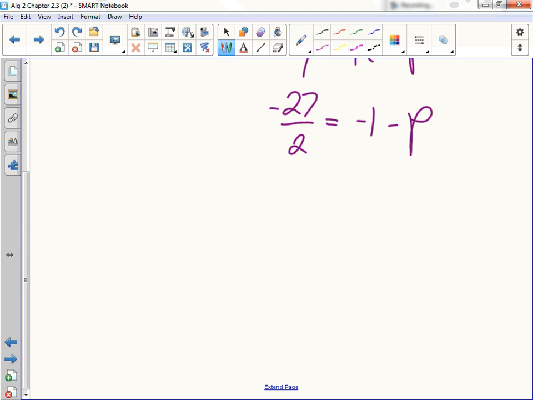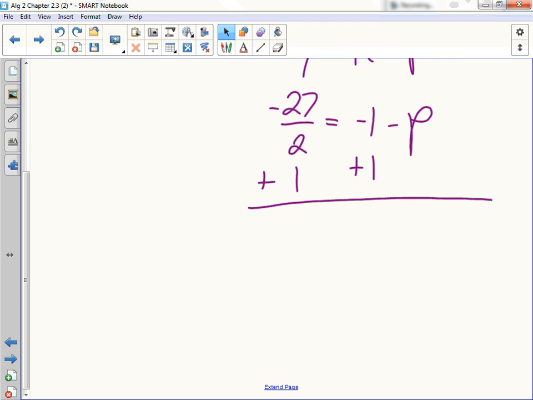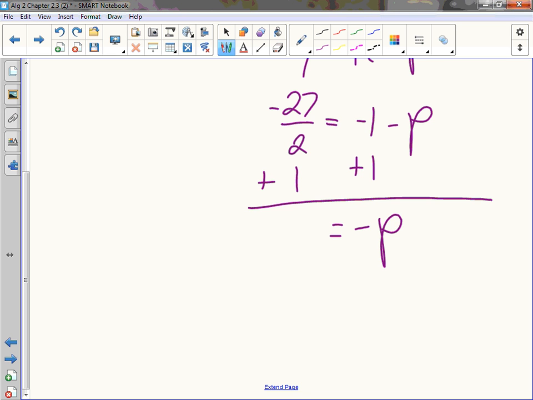So what's the first thing I need to do to get p by itself? We're going to add 1 to both sides. How many of y'all feel super comfortable with doing negative 27 over 2 plus 1? Probably not. That's fine.